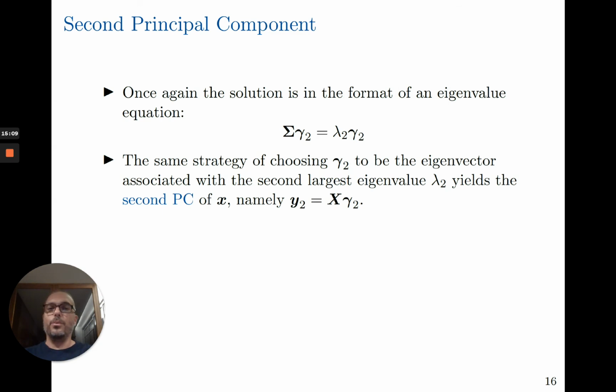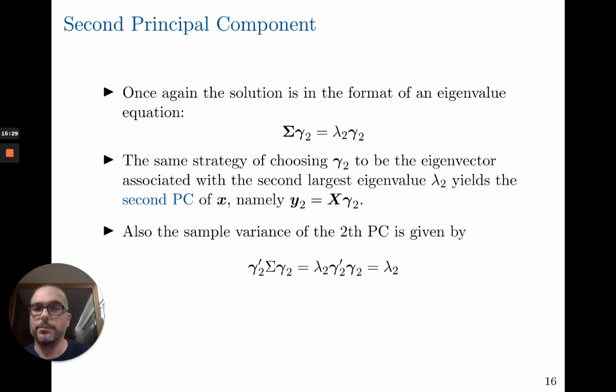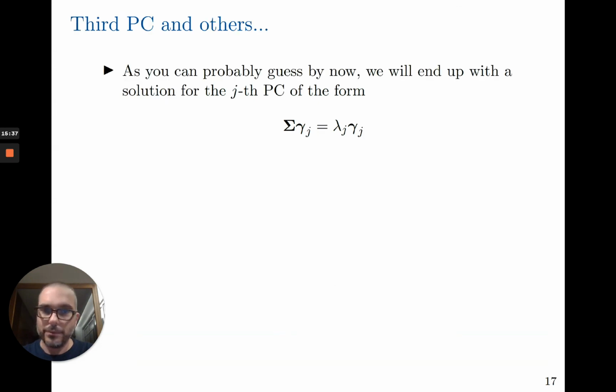Okay, so we follow the same strategy for choosing gamma 2. It will be the eigenvector associated with the second largest eigenvalue. And we have the second principal component will be y2 equals X gamma 2. Okay? And the sample variance of the second principal component will be lambda 2.